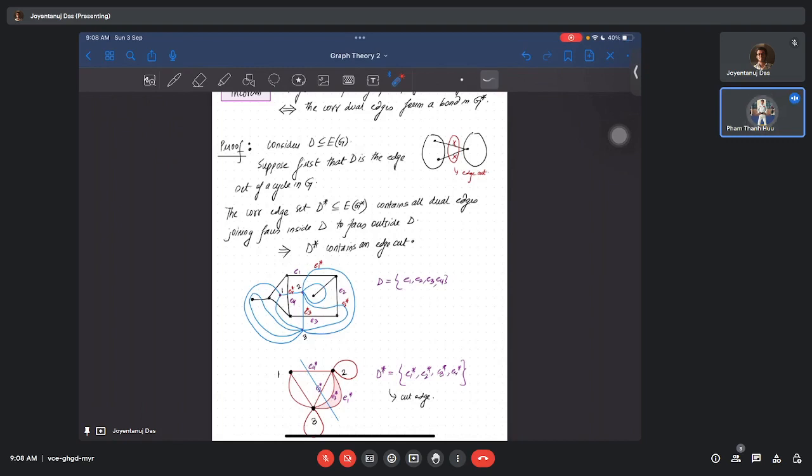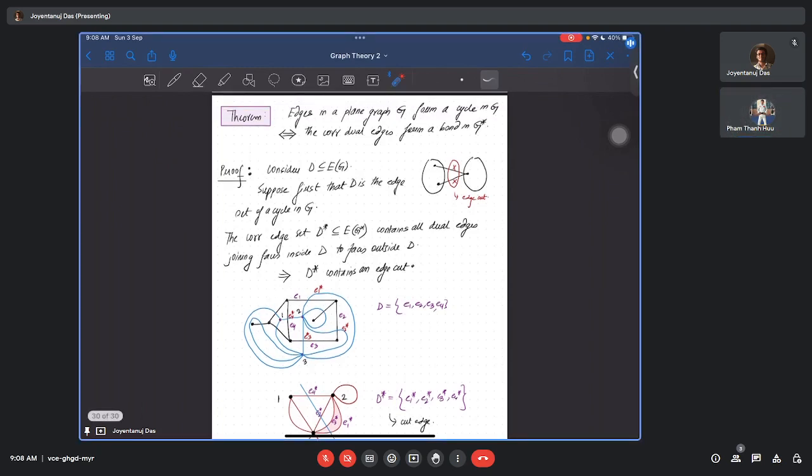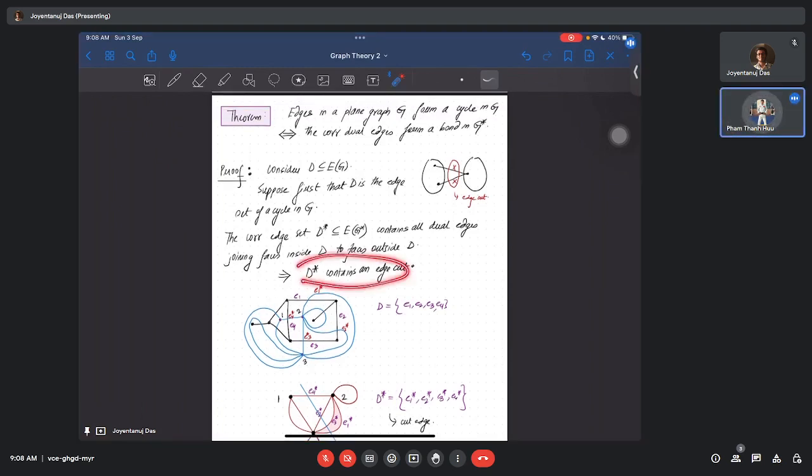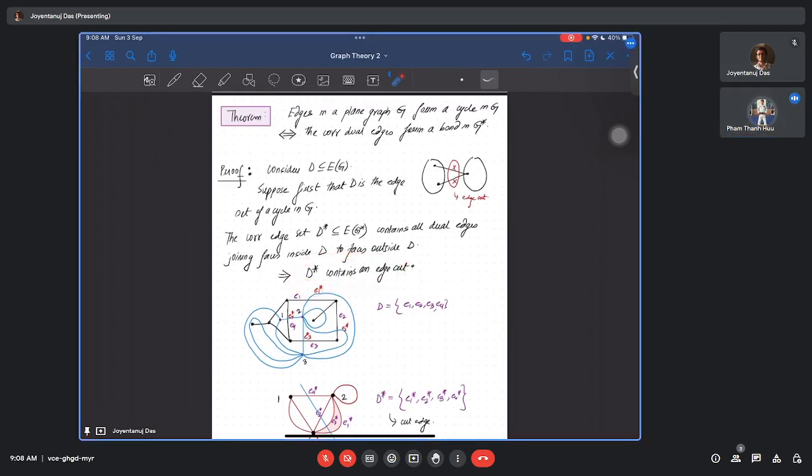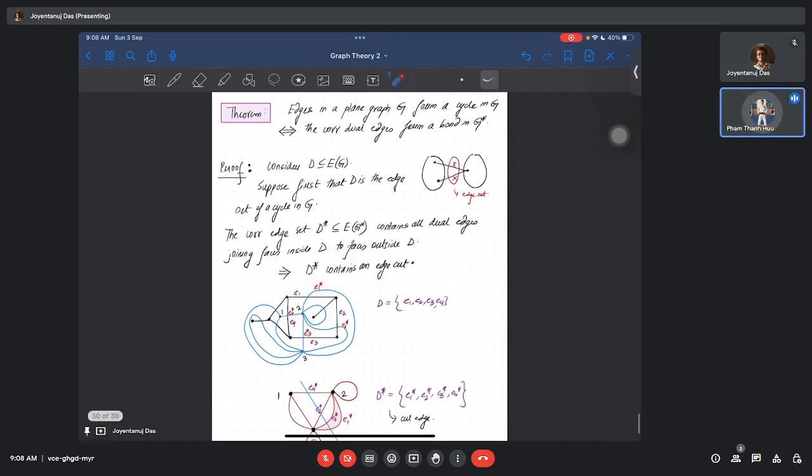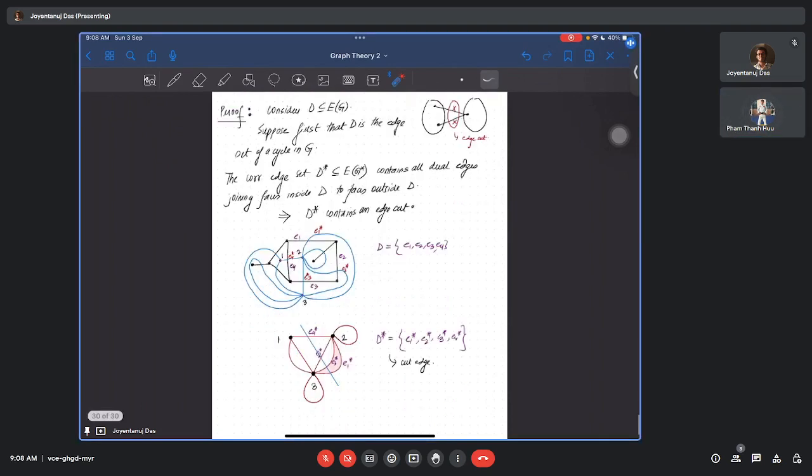Now we have to prove the converse part. A bond is a minimum cut, and minimum we have not proved.